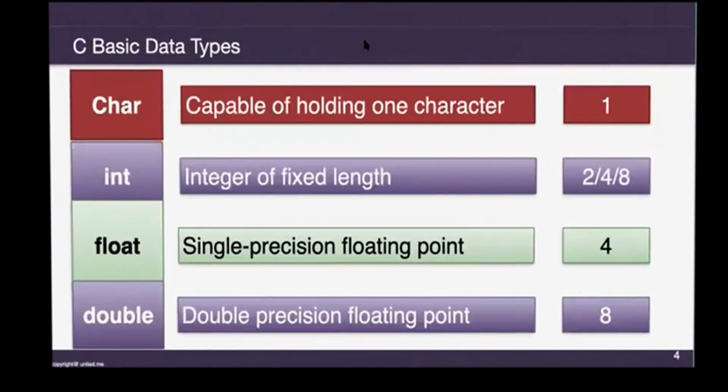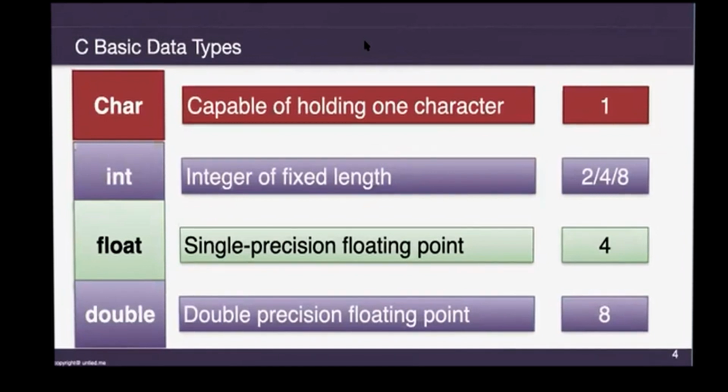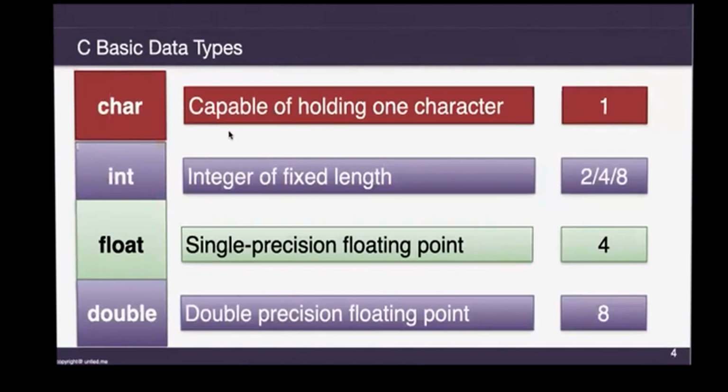C provides us these basic data types which we can use to store our information and do the processing. It provides char. Here C is capital, although it is not supposed to be capital; that is a typing mistake. char is the representation to store one character at a time.